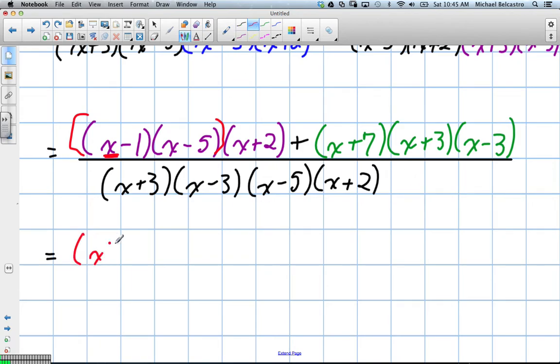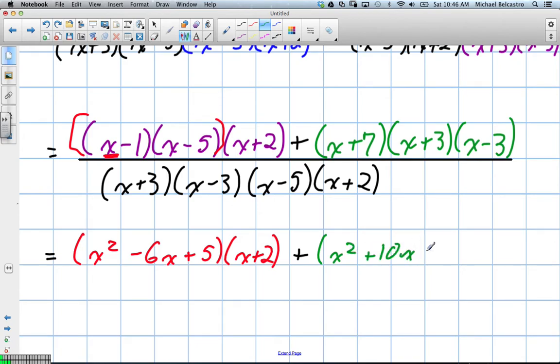We're going to have x squared minus 6x plus 5, multiplied by x plus 2. And then the other one, I have to add that, that's going to become x squared plus 10x plus 21, still times x minus 3, okay?